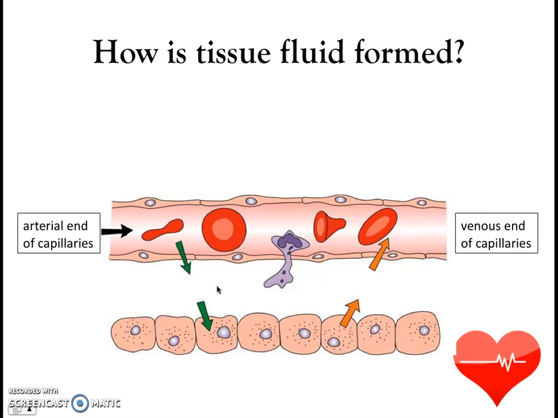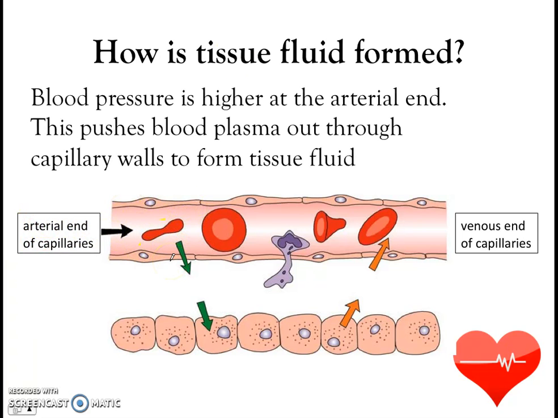Now, there are differences between the arterial end of the capillary and the venous end. To begin with, which one do you think has a higher blood pressure? Well, the blood pressure is higher in the arteries, and therefore the blood pressure is higher at the arterial end of the capillaries compared to the venous end. So blood is moving here at a greater pressure, pushing against the walls of the capillaries.